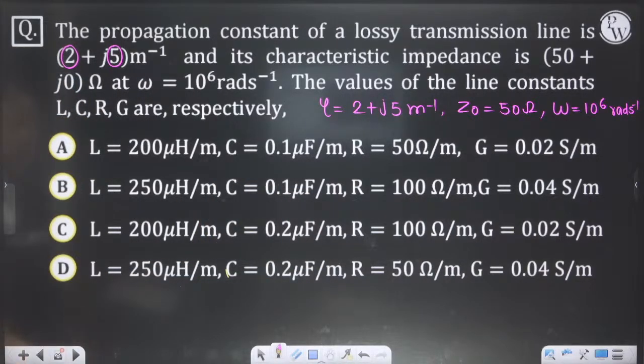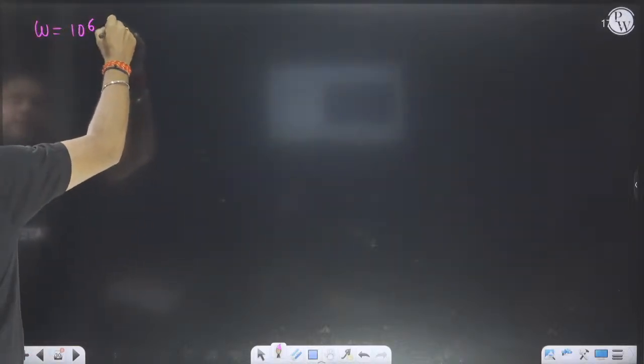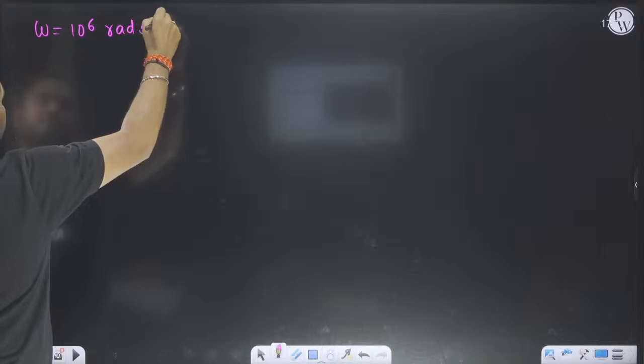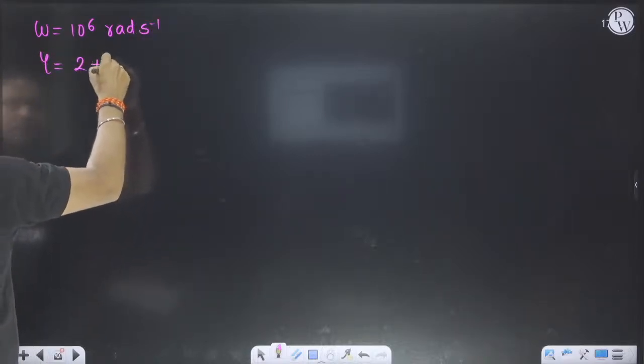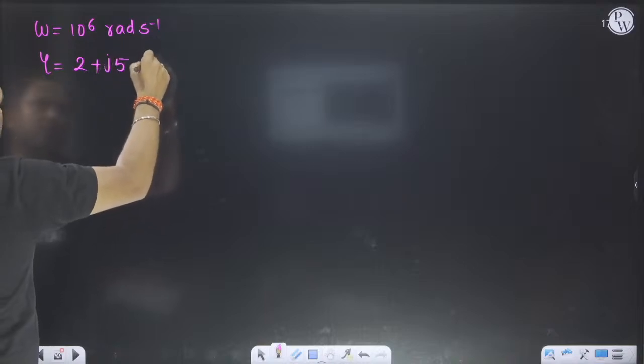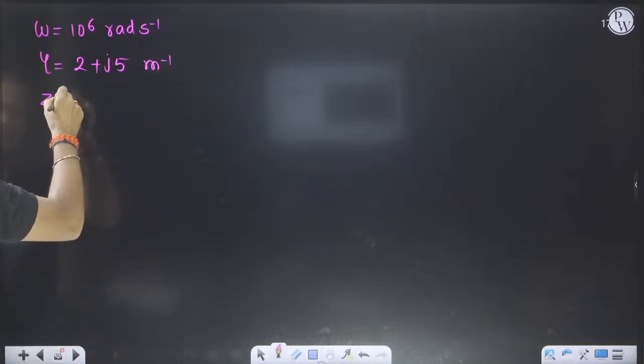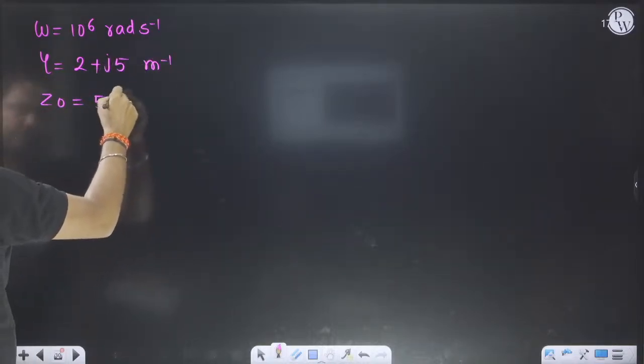Okay. So first of all, omega is 10 to the power 6 radian per second, gamma is equal to 2 plus j5 per meter, and Z0 is equal to 50 ohm.